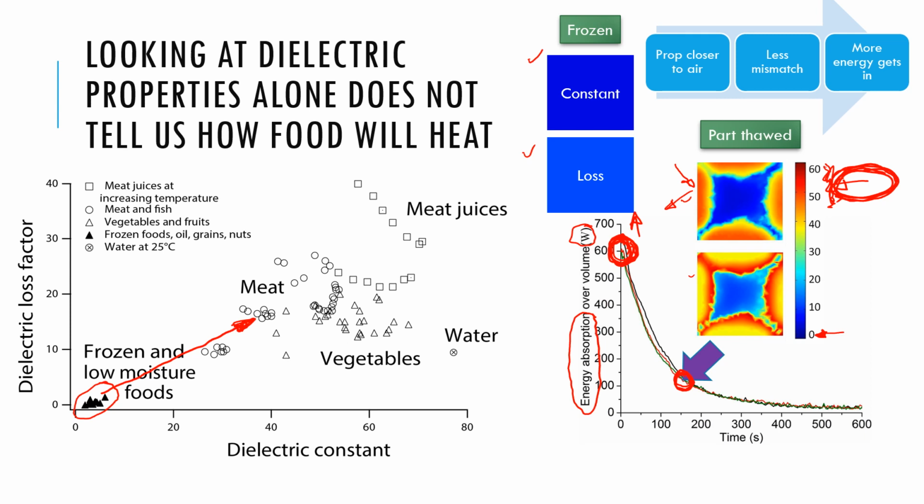So we'll actually see a much lower overall power absorption in the material. This is just to make the point that it's complicated. It's not just properties. There are other factors that we will talk about in other videos, but it's not like we can just look at the properties and say, that's how it is going to heat.